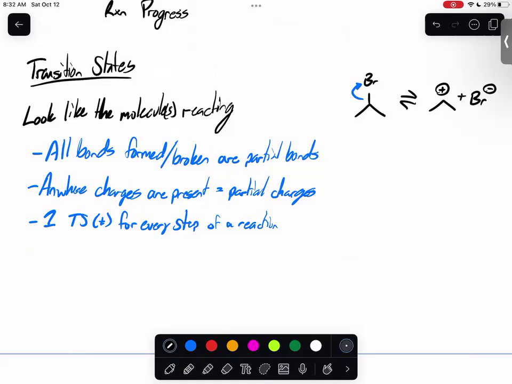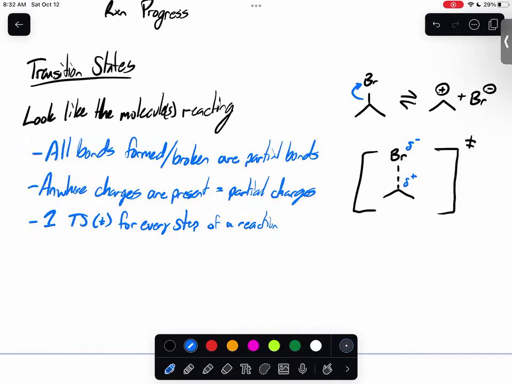Well, the transition state of this, which we do put in brackets alongside this little double dagger to say it's a transition state, would be the bromine and the carbon bond is broken. So that's going to be a partial bond between them, right? And at the end of the reaction, the bromine ends up with a negative charge and the carbon ends up with a positive charge. So that there would end up being our transition state.